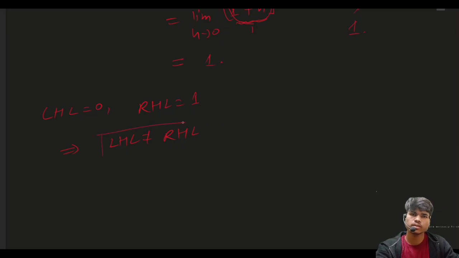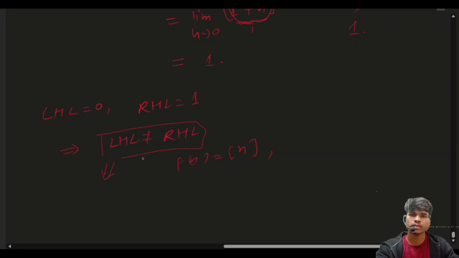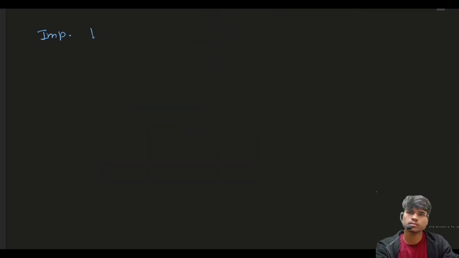So here the function limit x tends to a does not exist. If RHL is not equal to LHL, then we can say that the limit of the function does not exist. Important points.